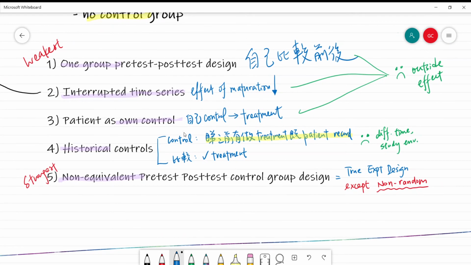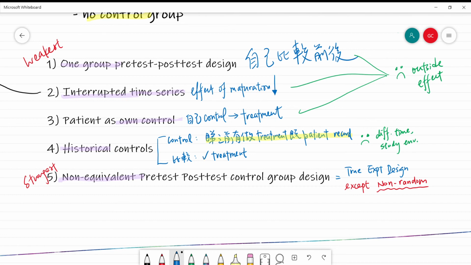There are 2 groups, one control group and one tested group. For the control group, the scientists will check the patient records from before, and it will be easily affected by different time periods or study environments. For the tested group, they will have the treatment, and scientists will compare these 2 groups.